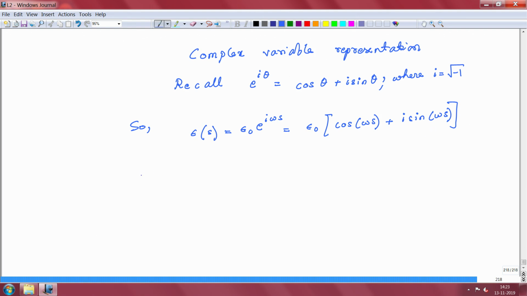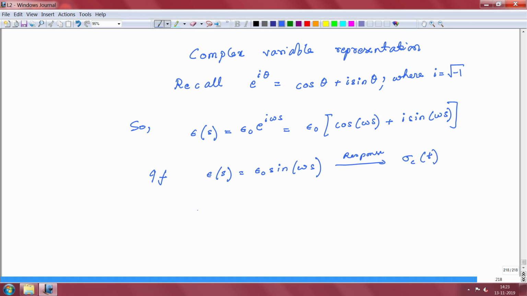Now, we had discussed what the responses are if the inputs are a cosine and a sine function, in the last class, right. So, let us just write down, if you have epsilon s as epsilon naught sine of omega s, then it leads to a response, and the response now is some function of time, sigma s of t, right, which we did last time.